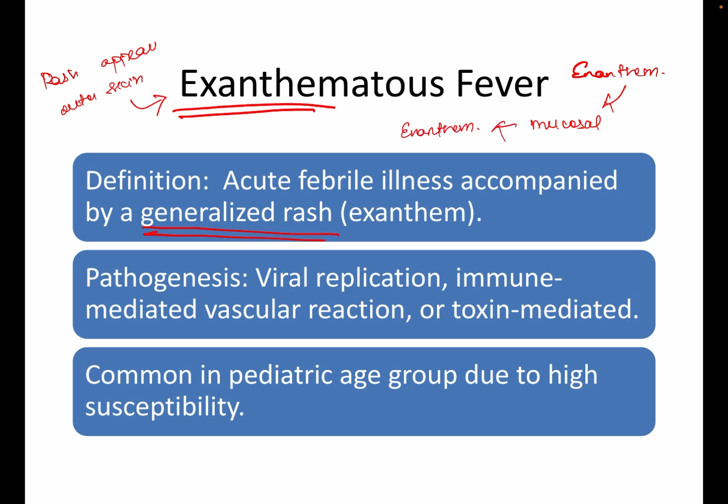Okay, coming to the pathogenesis. Usually there will be a viral replication associated with an immune mediated vascular reaction or toxin mediated reaction. This is what actually causes rash in the skin or mucosa, which we call an exanthem or enanthem. This is usually common in the pediatric age group because they are highly susceptible.